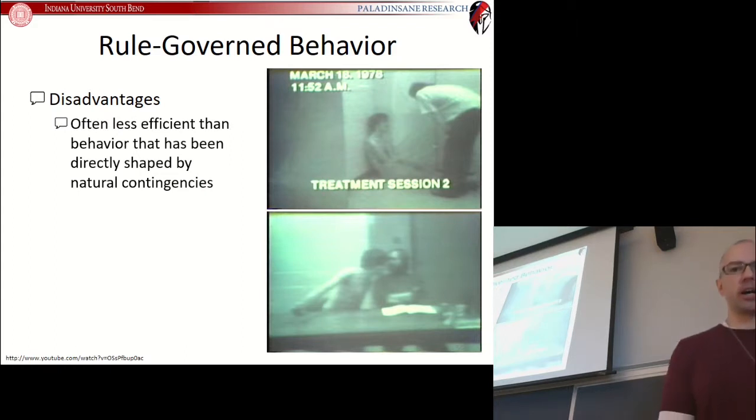And the first one is that rule-governed behavior is often less efficient than behavior that has actually been shaped by direct natural contingencies. And this is nowhere better seen than somebody who has actually practiced something versus somebody who has read about something.